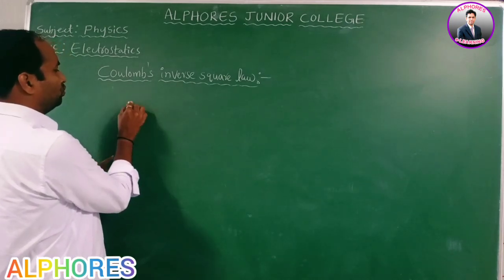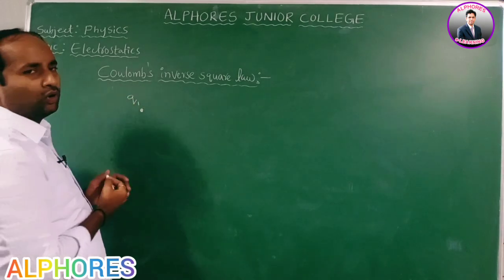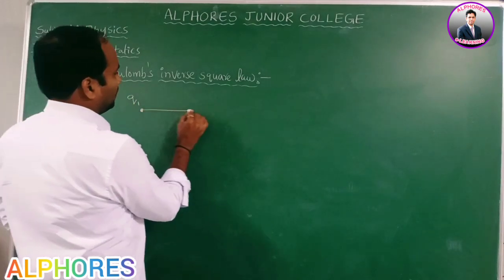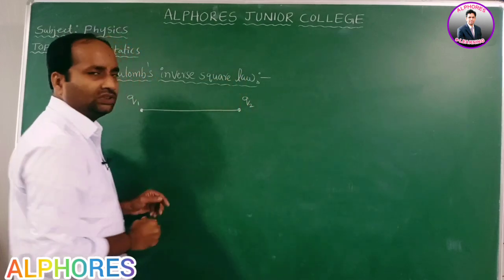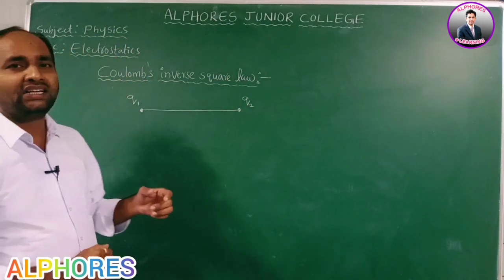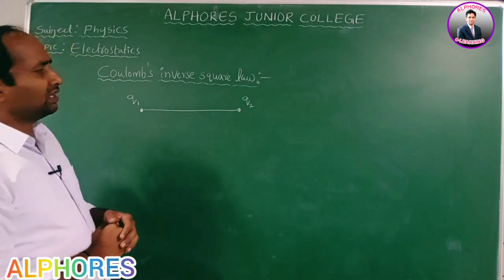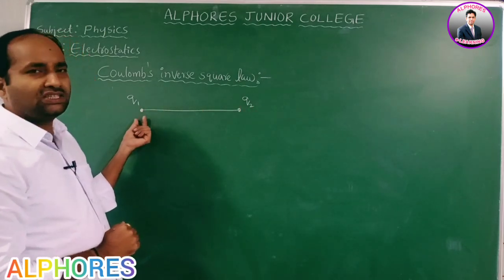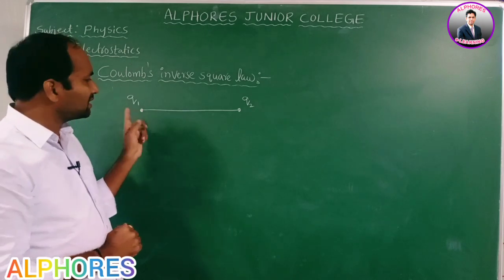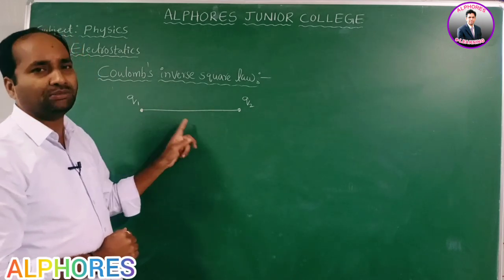For example, let us take Q1 to be one point charge, and another charge Q2. So what is meant by a point charge? A point charge means the size of the charged particle is quite negligible as compared to the distance between them.